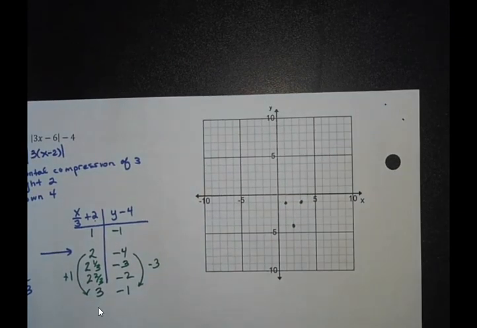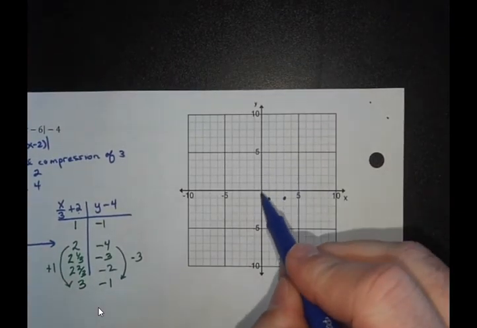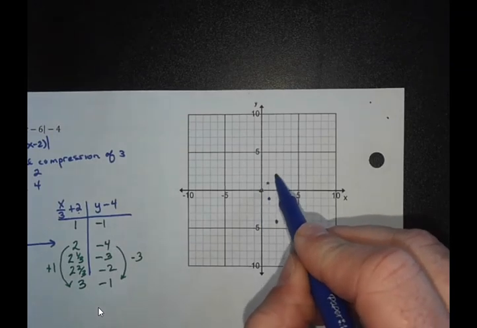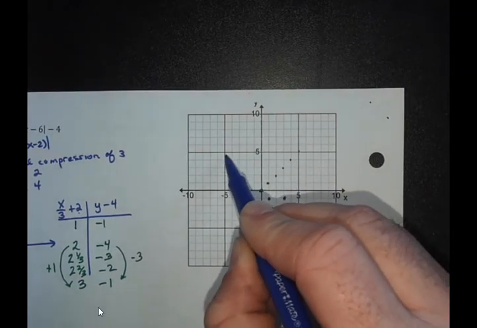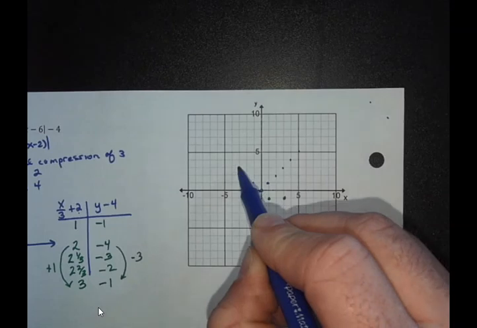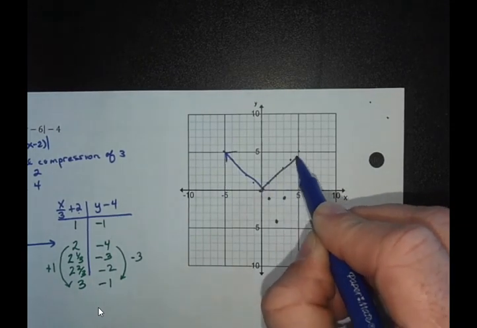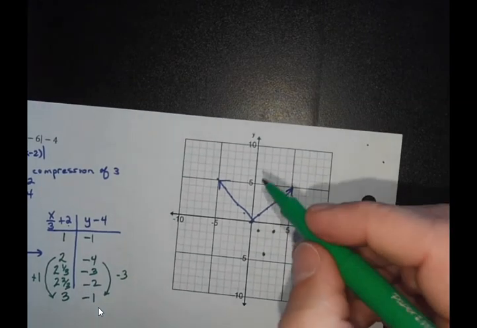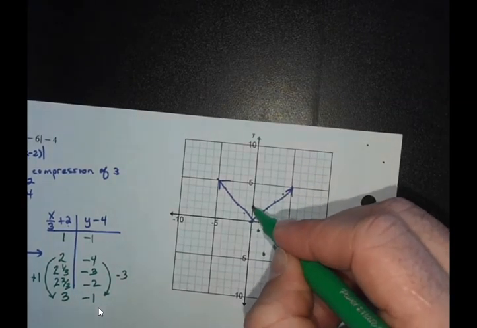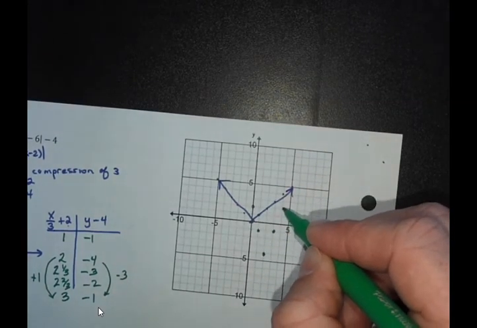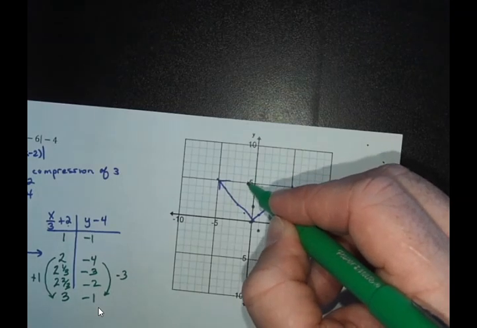So just like our parent function, I'm going to sketch the parent function here. If I follow that same pattern, it should be a nice line.